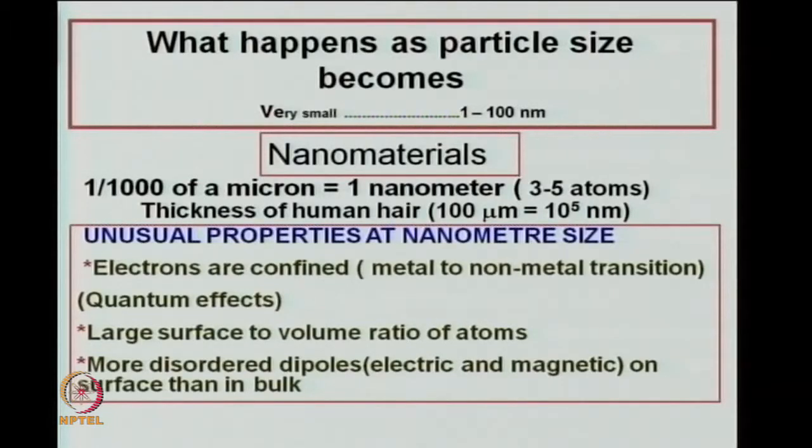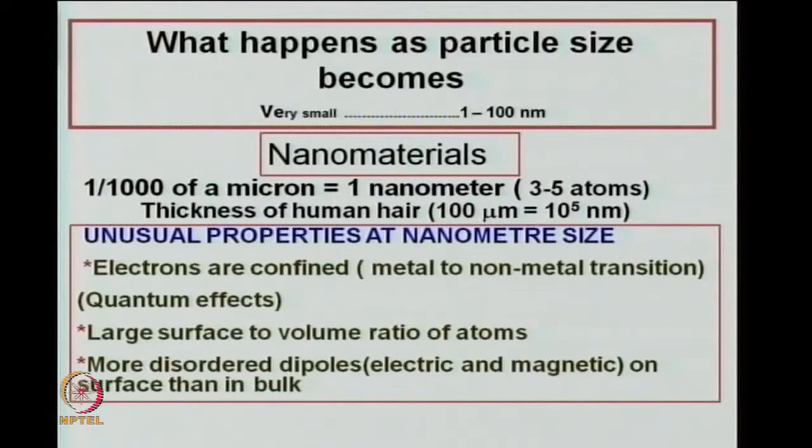So, you can understand that a human hair is very large compared to the dimensions that we are talking about, which is 1 to 100 nanometers. So, unusual properties are seen when you make a material which is of nanometer dimensions.